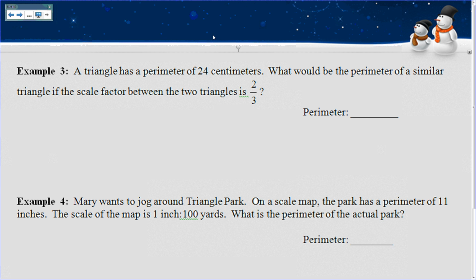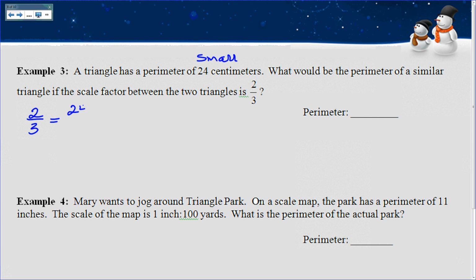Okay? So a triangle has a perimeter of 24. What would be the perimeter of a similar triangle if the scale factor between the two triangles is 2/3? Well, since the scale factor is 2/3, remember the perimeter scale factor is the same. So let's say that the smaller triangle has a perimeter of 24.